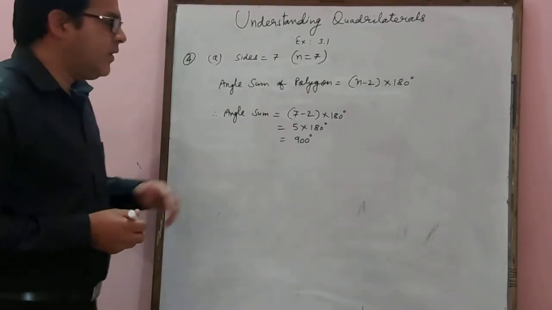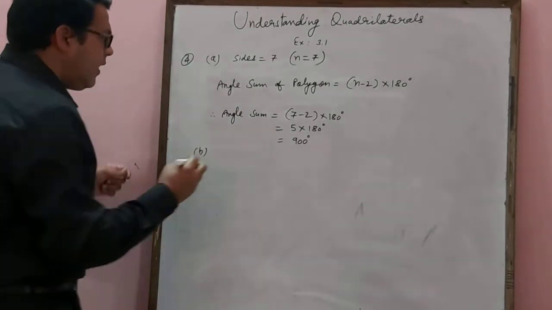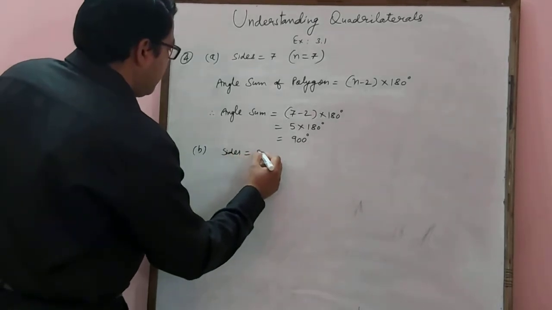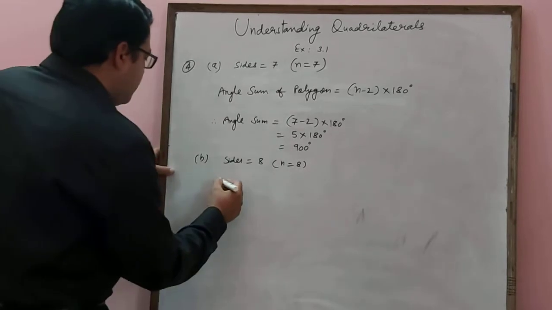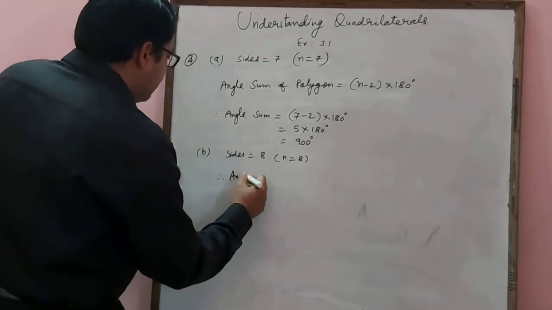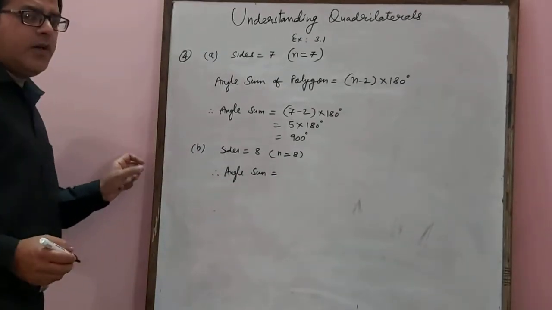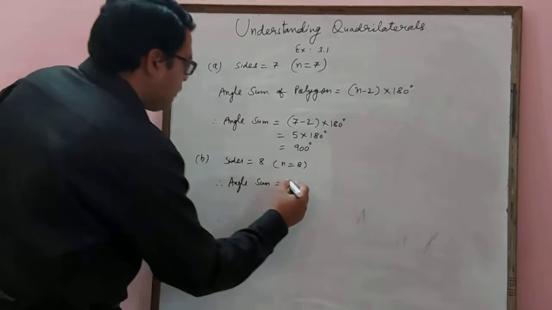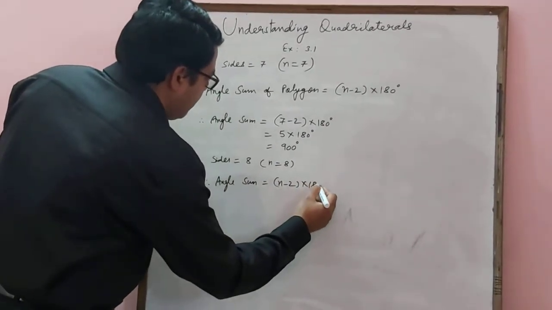Got it? Now I am solving part B. Here the number of sides is 8, that is, the value of n is 8. So the angle sum for the polygon which has 8 sides, an octagon. The formula is (n minus 2) into 180.